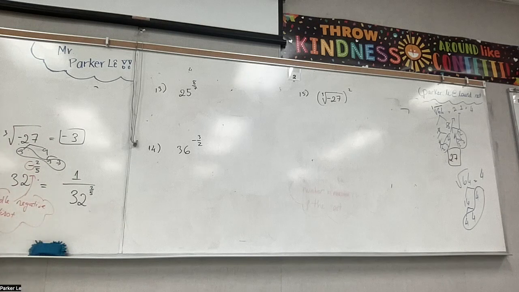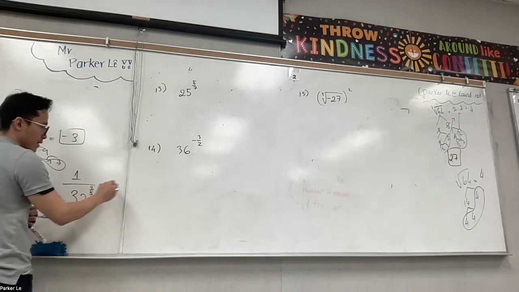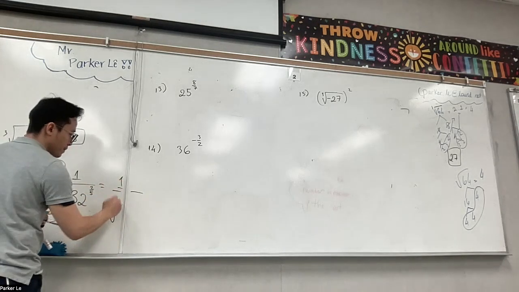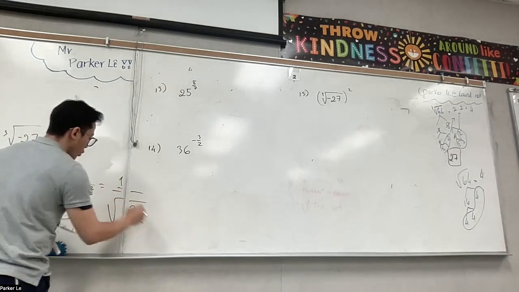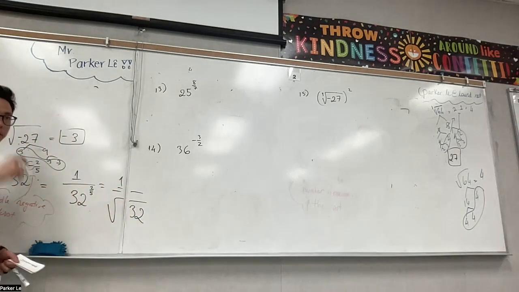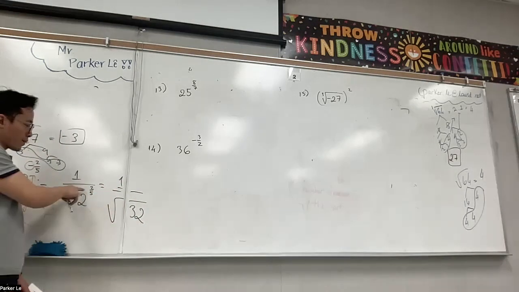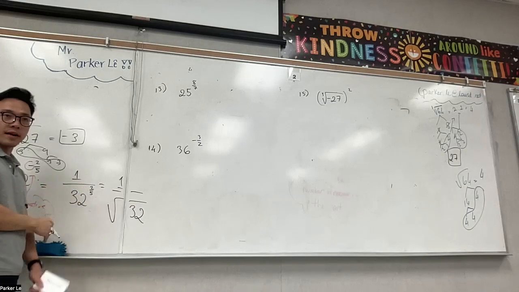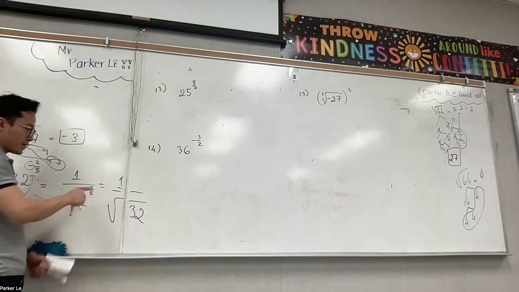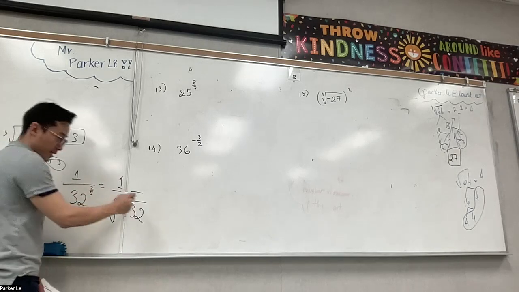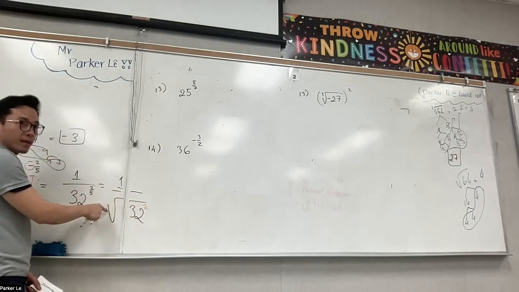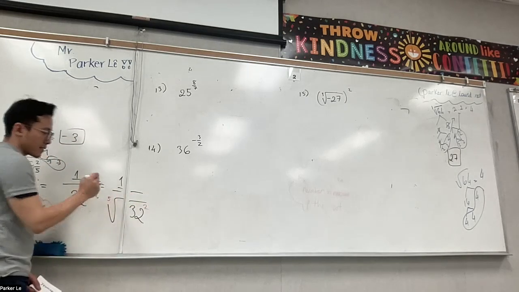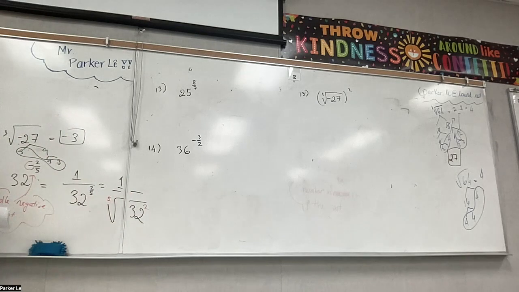All right, so you have this. Now Jennifer, you can finish this. Where does the 2 go and where does the 5 go? The 2 goes inside and the 5 goes outside, right? So the 5th root of 32 squared.